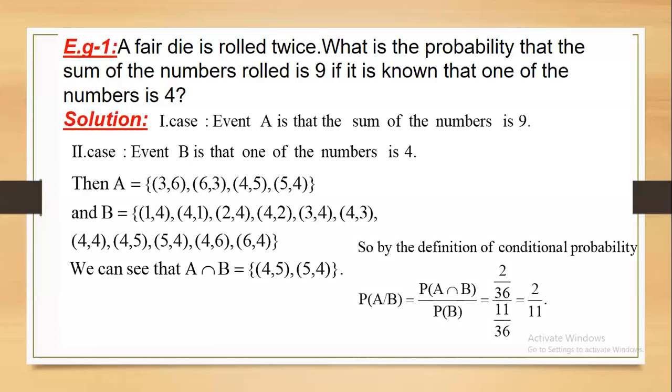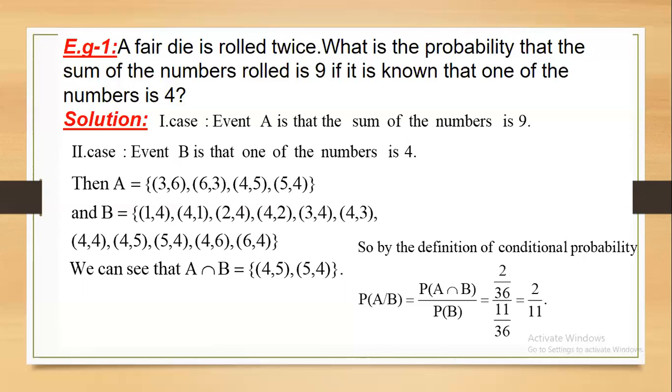So by the definition, probability of A given B equals probability of A and B over probability of B equals 2 over 36 over 11 over 36. Then the answer is 2 over 11.